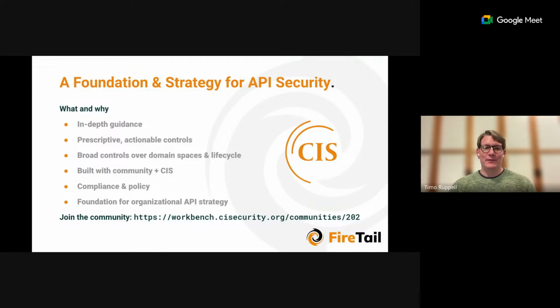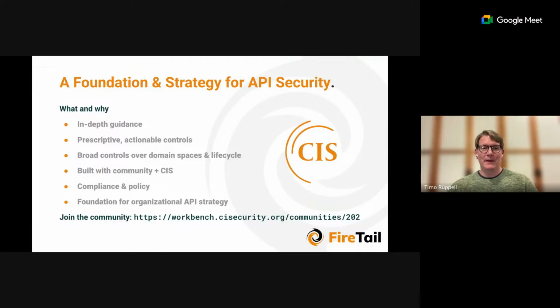And as a company, that's our origin story, making it possible for people to run their APIs safely. And when looking around, we actually discovered that there aren't any such standards, as Jeremy already pointed out. And specifically, we looked for some of these in CIS.